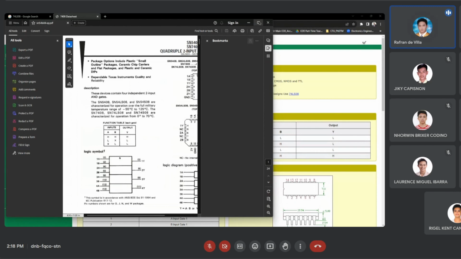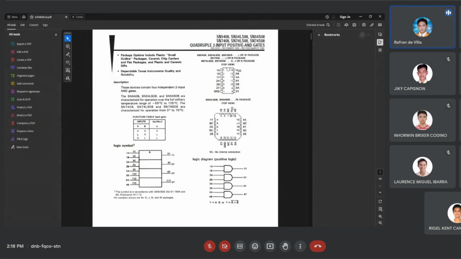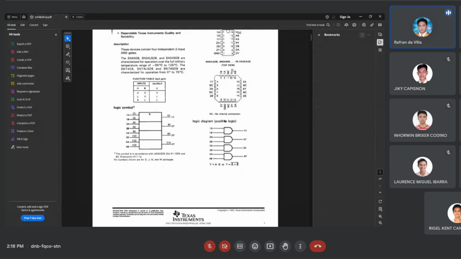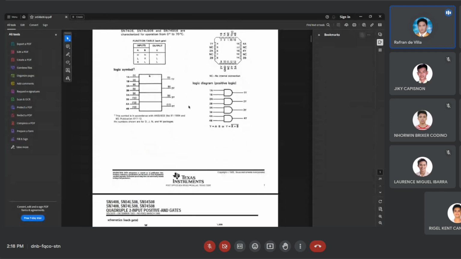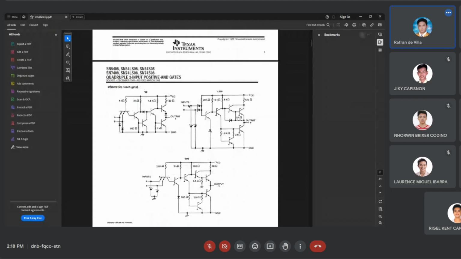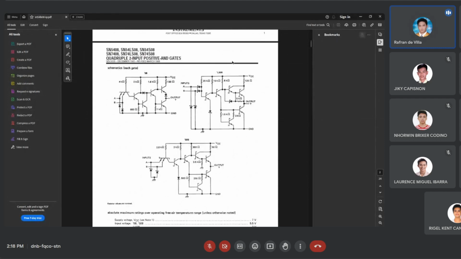So this is the data sheet for the 74LS08 IC. Typically, you're familiar with the function table. You'll also be seeing here the schematics of how an AND gate is created using transistors.